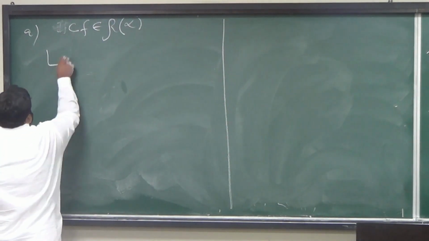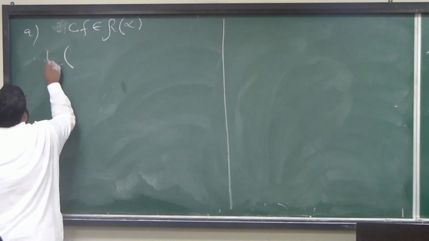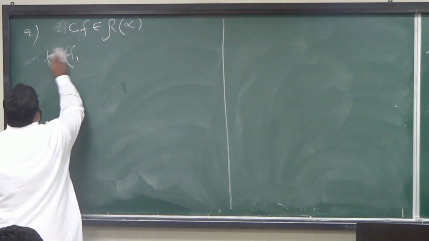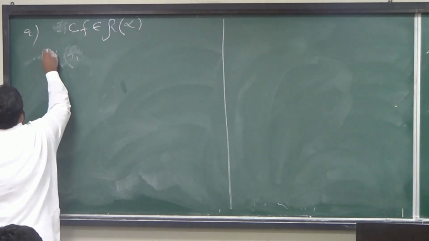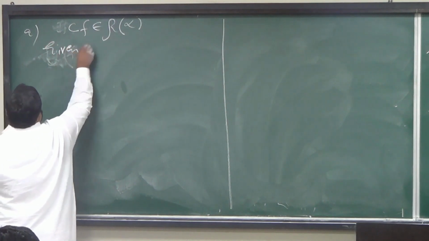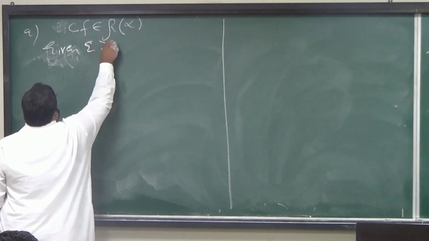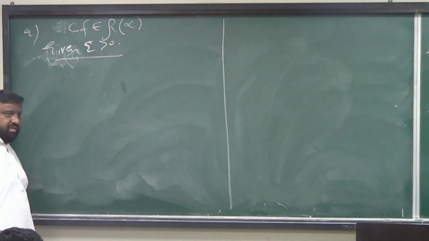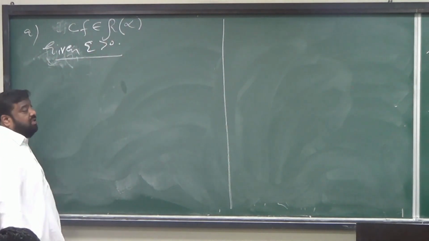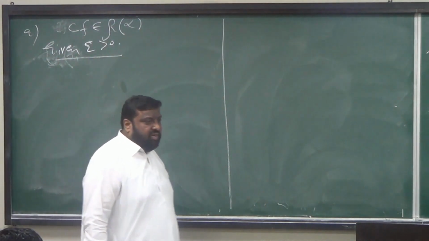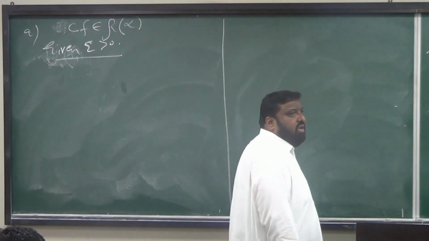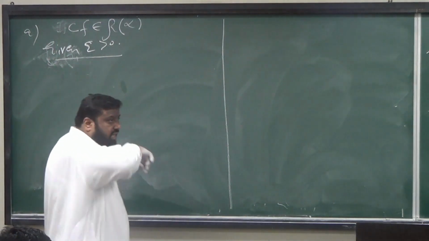For that, I need to compute U(f, P, alpha). Imagine given epsilon positive. My task is to find a partition for which the upper and lower Riemann-Stieltjes sums of cf differ by less than epsilon.